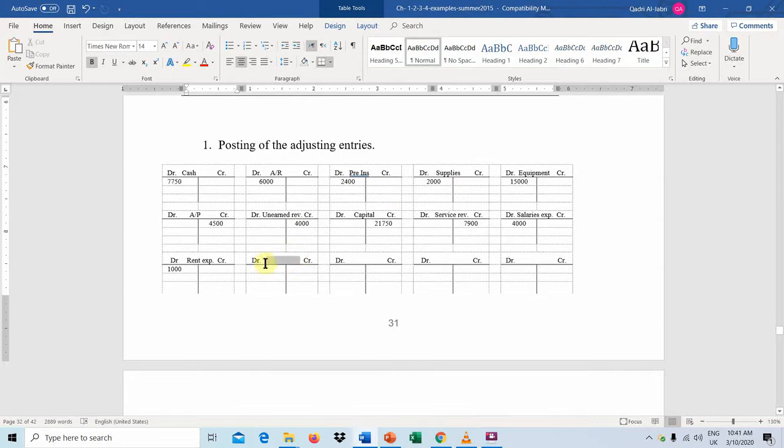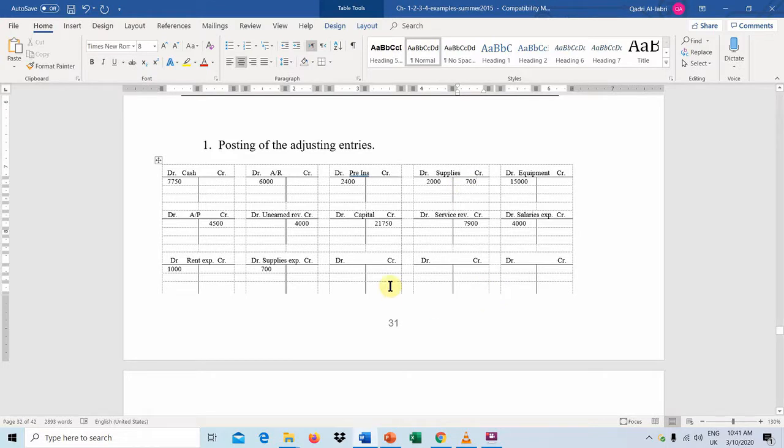So I will create a new account called supplies expense, and I will debit it by 700. Supplies, we already have this account, so we will not create a new one, so it is credited by 700. So now I finished posting the first adjusting entry.